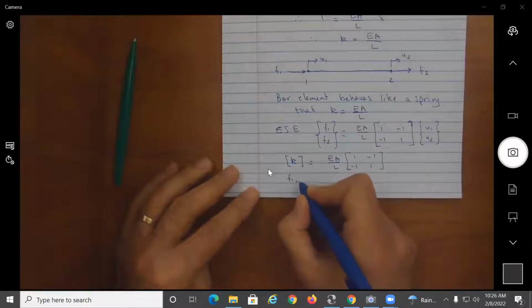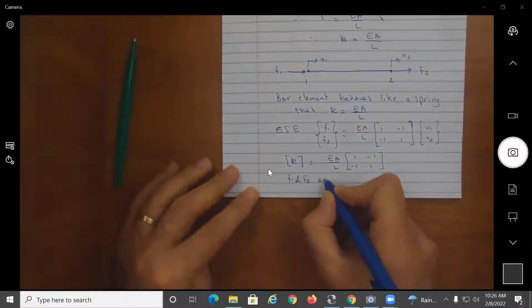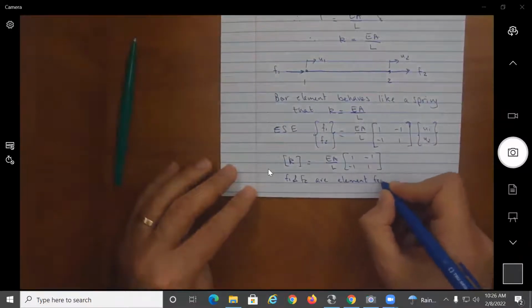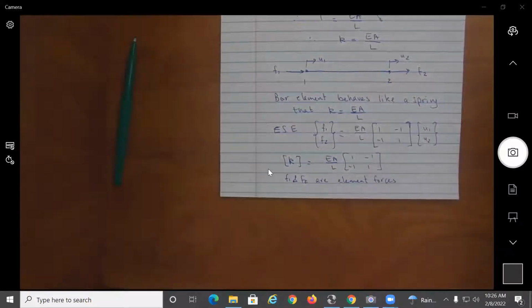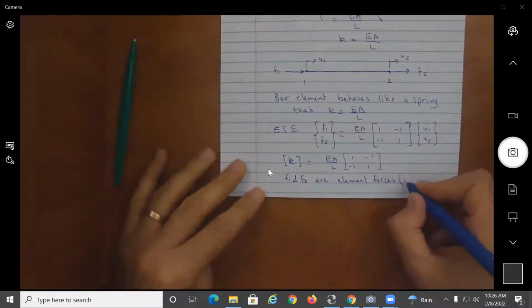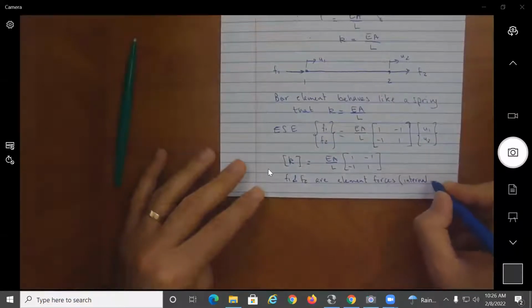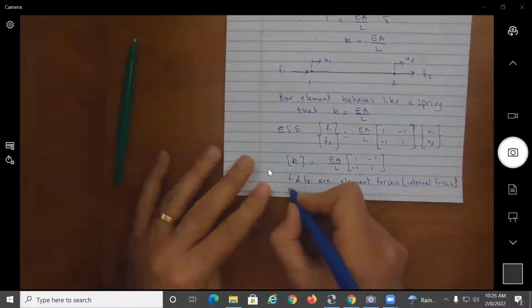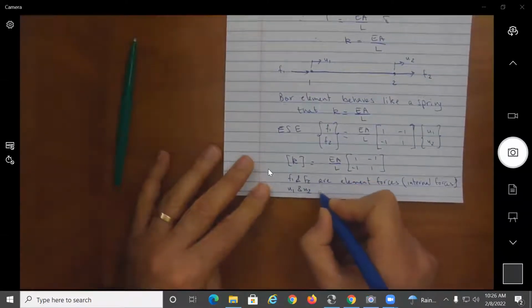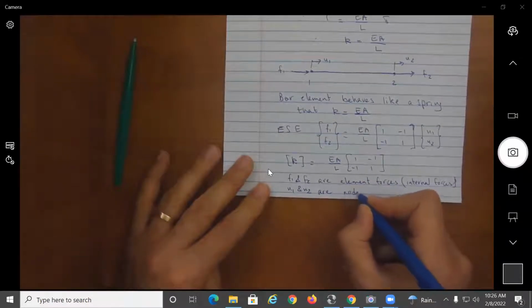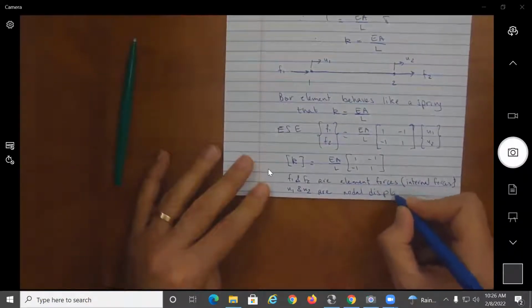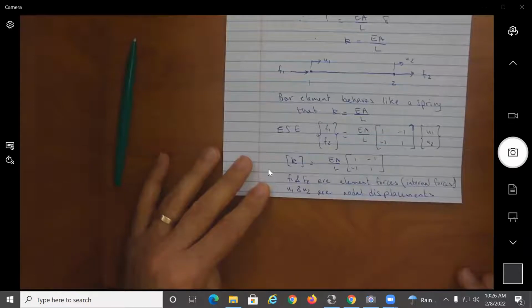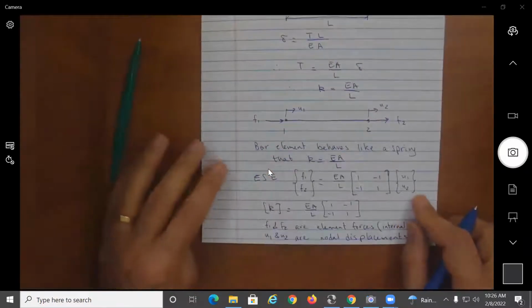F1 and F2 are element forces. You can think of them as internal forces. U1 and U2 are nodal displacements, of course, at node 1 and node 2.